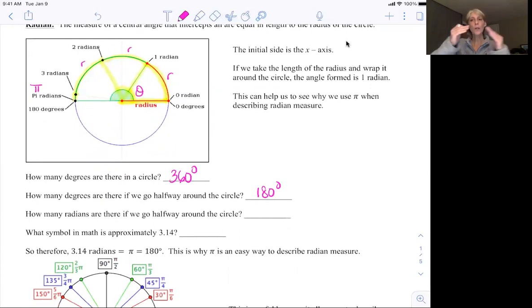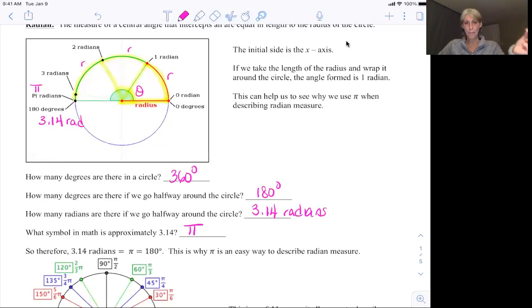Okay. The reason we equate radians with pi is because mathematicians did a lot of work to work out the fact that this is really 3.14 radians. And because we use pi to represent 3.14, that became the number, right?